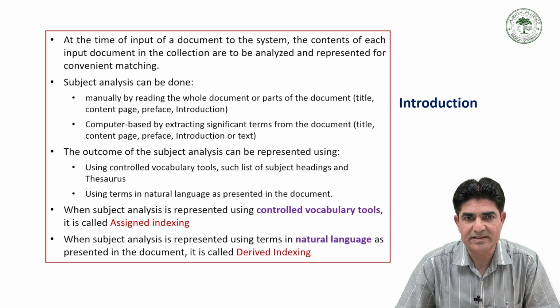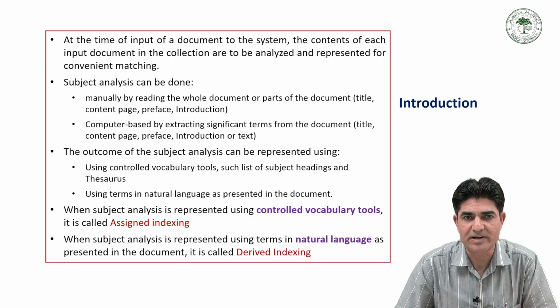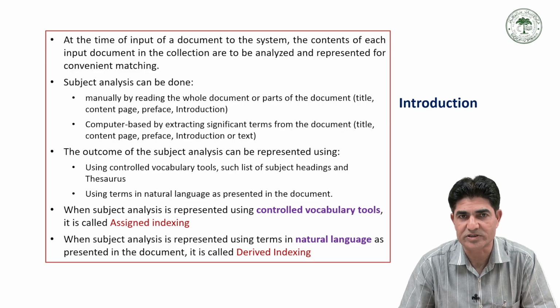When we were discussing the information retrieval system and its components, we saw that one important component is the analysis of the thought content of the document and the representation of its subjects, as well as the analysis of the user's query and the representation of the query in appropriate words so that a match between the documents and the user query is possible.